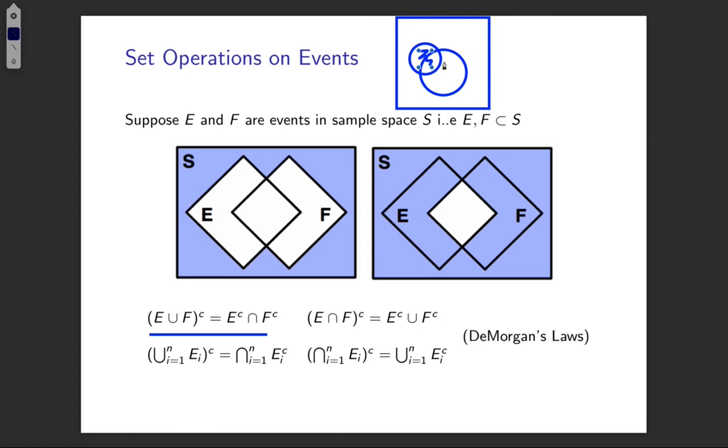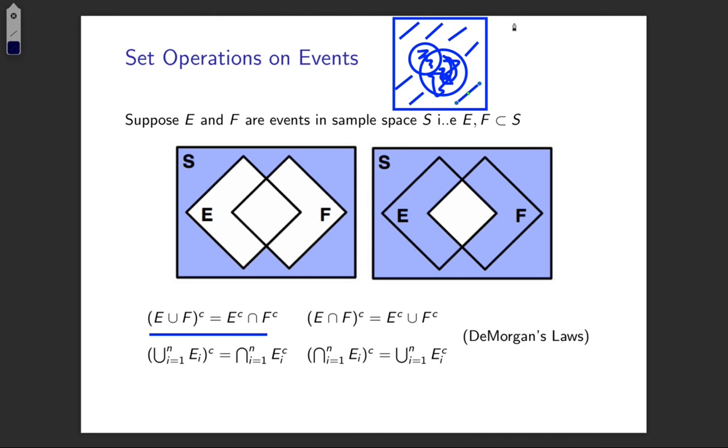It's all of those guys plus all of those guys. That's E union F. And then if we take the complement of it, that's everything that's outside here. So let me just mark that with hashes. This hashed area on the outside is the complement of E union F. So that's our left-hand side.